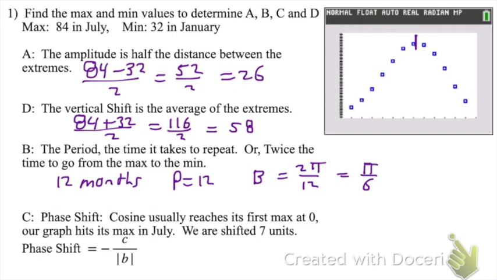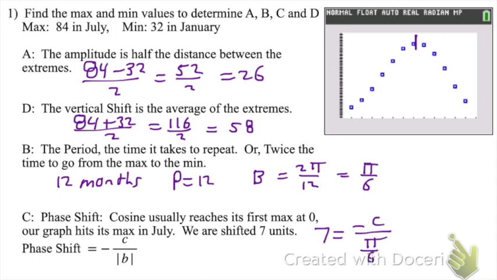All right, so cosine usually reaches its first max at 0. Our graph hits its max in July. We are shifting 7 units. That's how far we shifted. So again, we know our phase shift is 7. And we know our B is pi over 6.